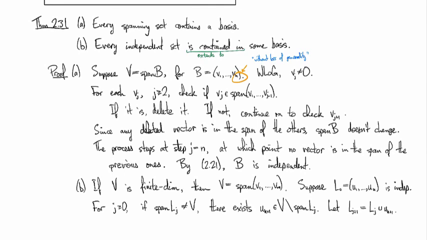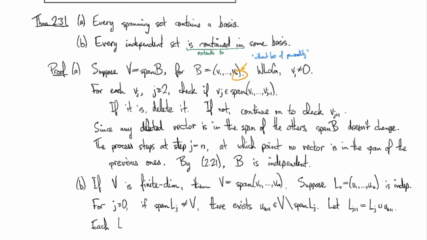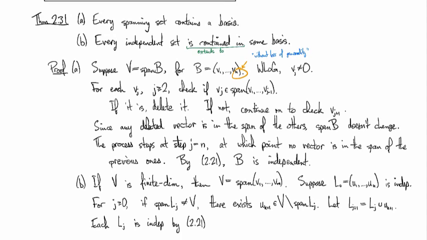Okay, so repeat this process. So check to see if the span is everything. If not, then pick something from the complement, throw it in. Did we get everything now? If not, keep looking. Okay, so now notice that each of these lists that we produce, Lj, is going to be independent by the dependence lemma, once again.